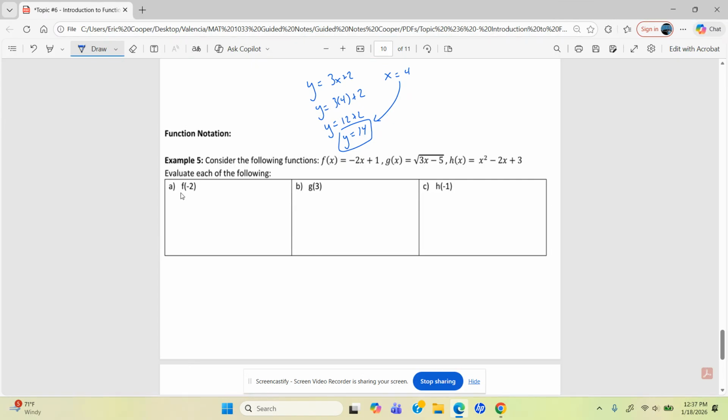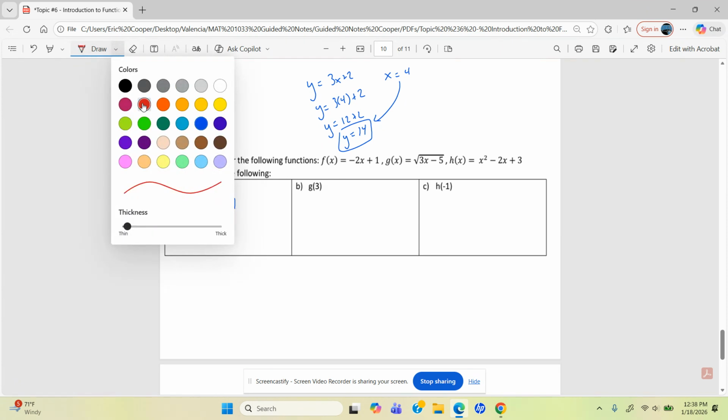So for example, for f of negative 2, I see that I have three functions: f of x, g of x, h of x. I need to plug this negative 2 into the f function. So I'm going to take this function here, which is f of x, and all I want to do is be able to find f of negative 2.